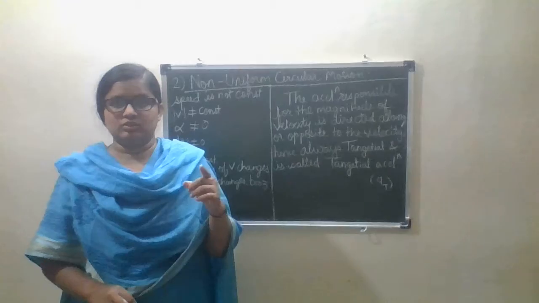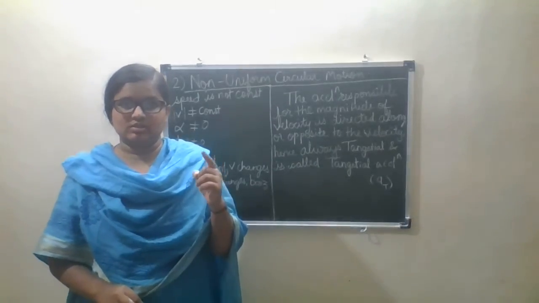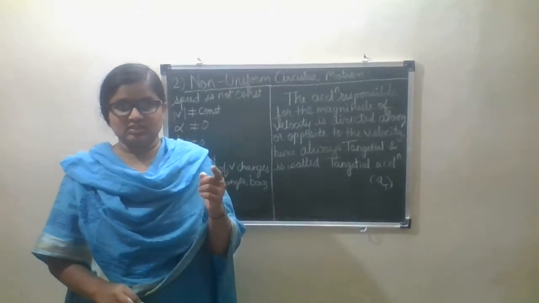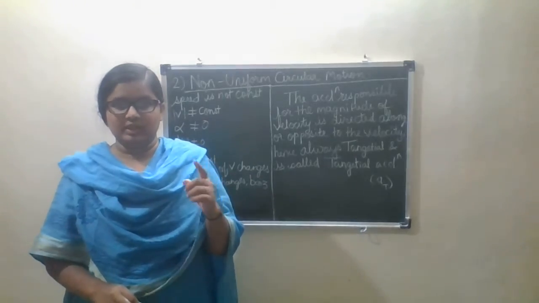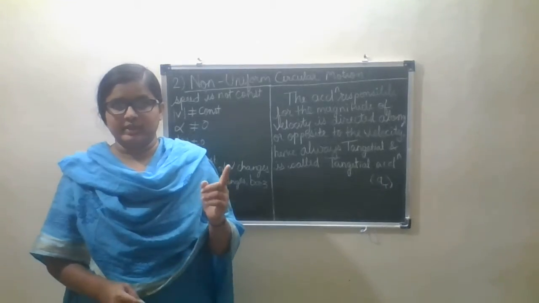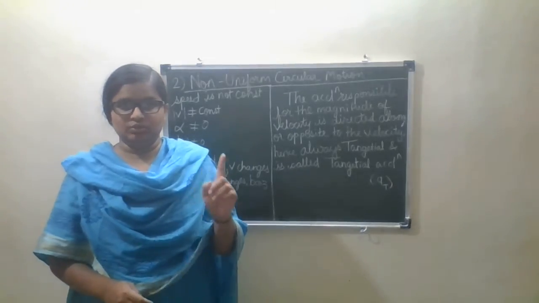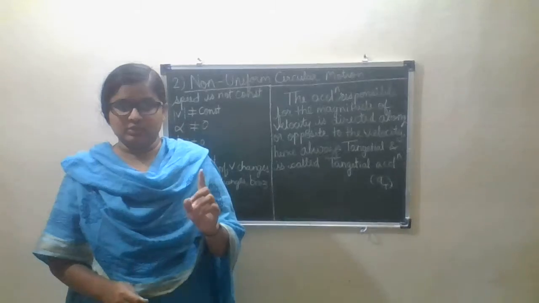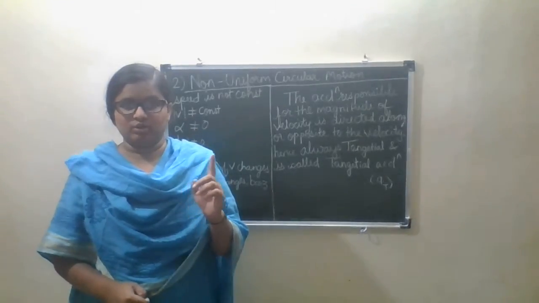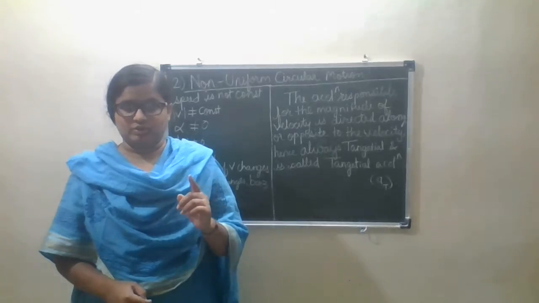While taking the speed, it increases its speed, and after some time it takes a constant speed and moves in uniform circular motion. At that time, it is in uniform circular motion. But while taking the speed, it was in non-uniform circular motion.